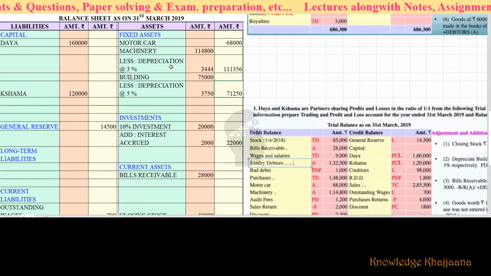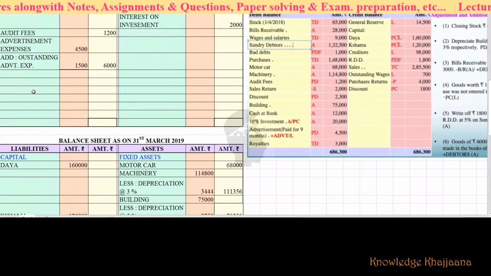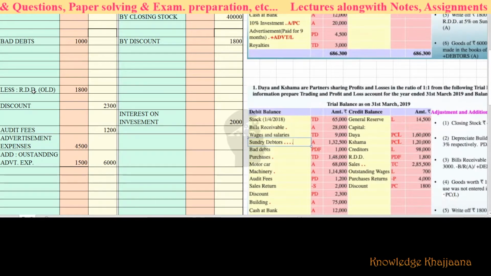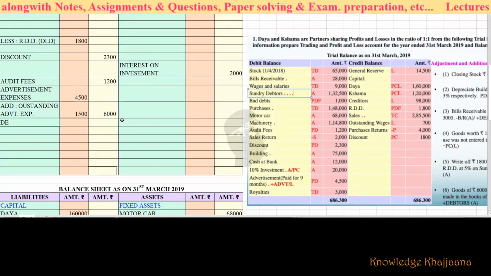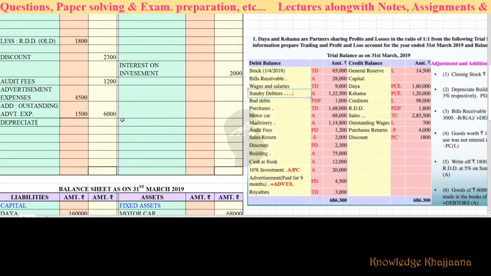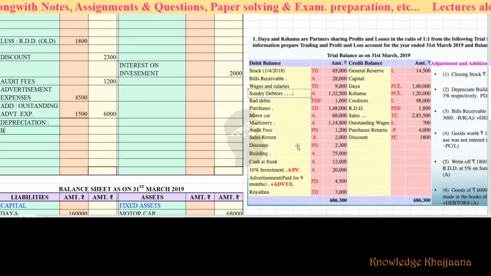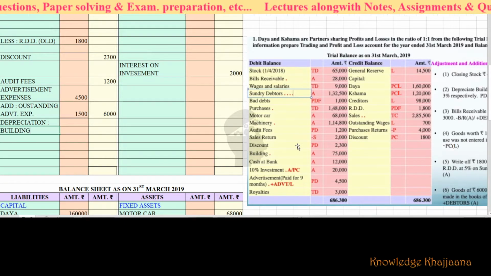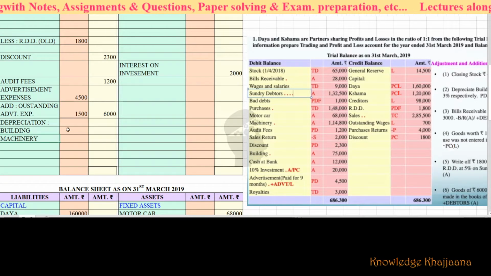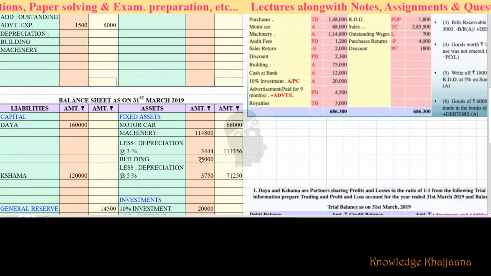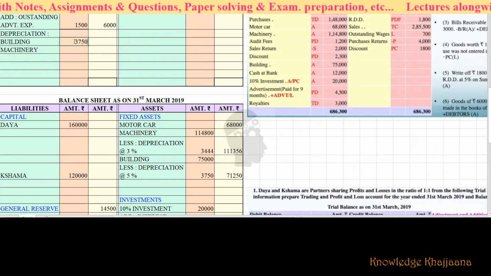Okay, but this much of value we will write under depreciation. Depreciation on what? Depreciation on building and depreciation on machinery. What was the amount of depreciation on building? 3,750.